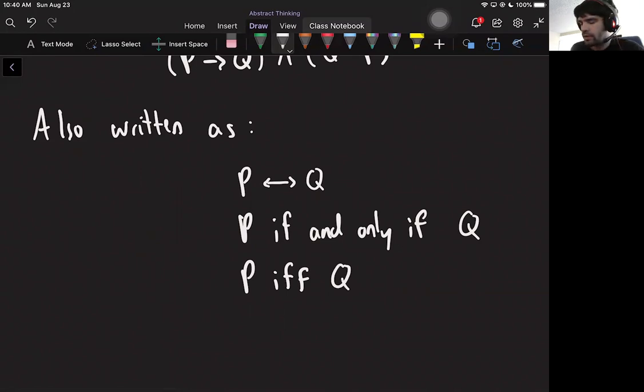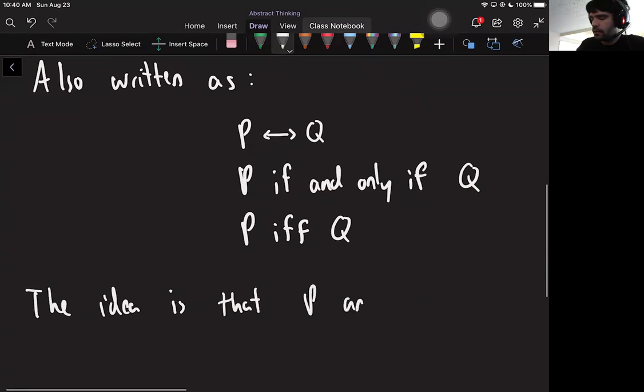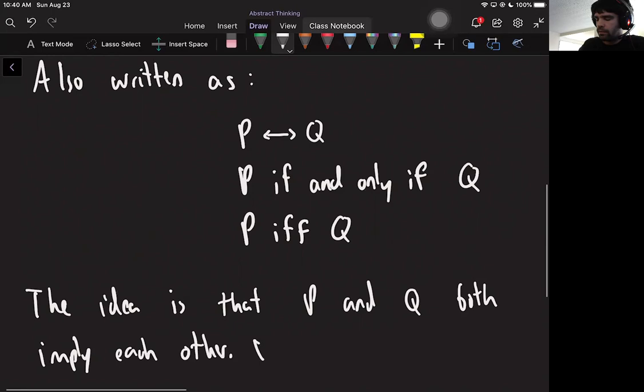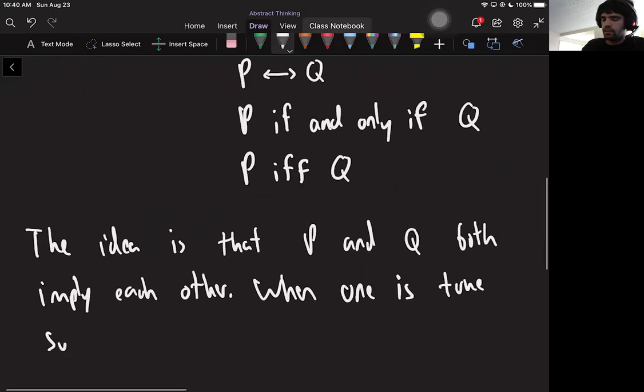So a couple different ways to write the same thing. But the main idea is that P and Q both imply each other. Okay? When one happens, or when one is true, so is the other.